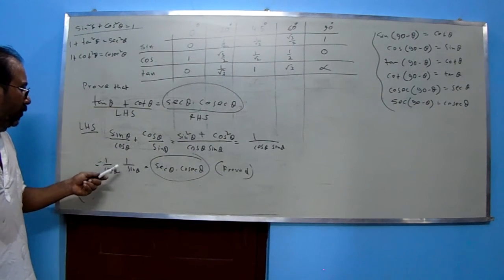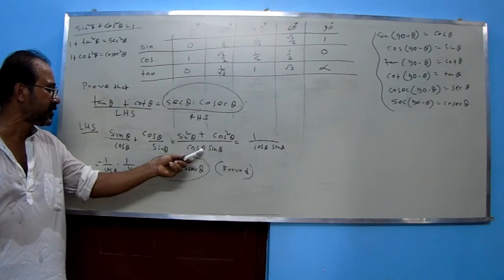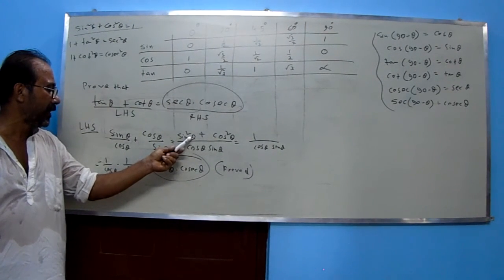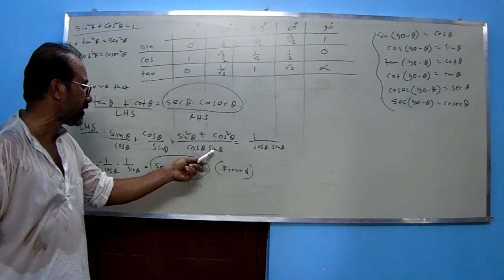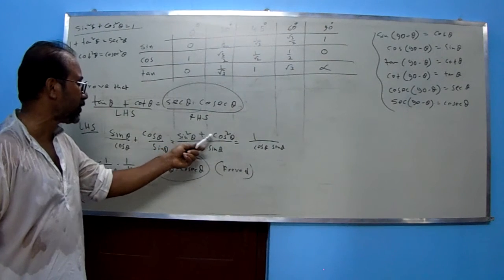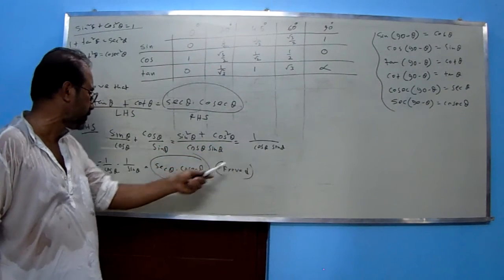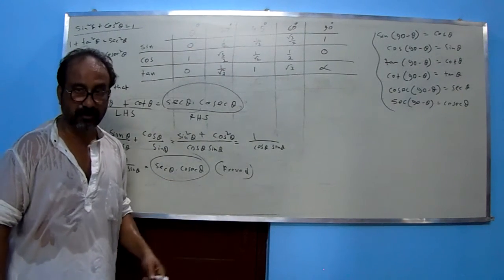Adding these, the LCM is cos and sine, so the denominator is cos theta and sine theta, and the numerator is sine square theta plus cos square theta, which equals 1. So it comes as sec theta and cosec theta.